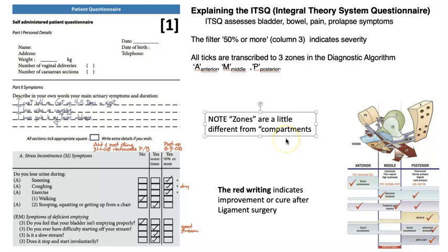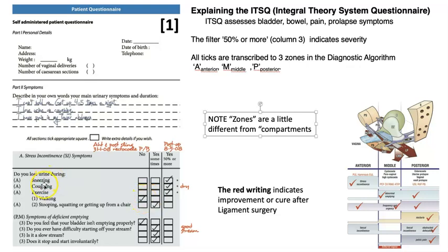Now, the filter, the 50% more in this column, indicates severity. So that impacts quality of life, severity. The red is the symptoms after repair of the pubourethral and uterosacral ligaments. So we'll go into that later.